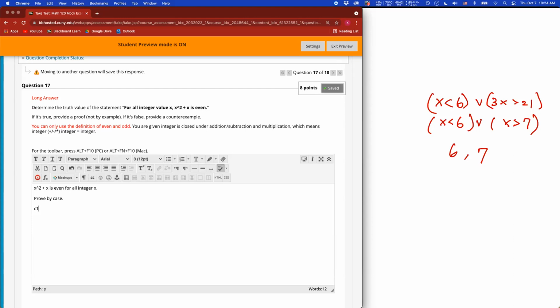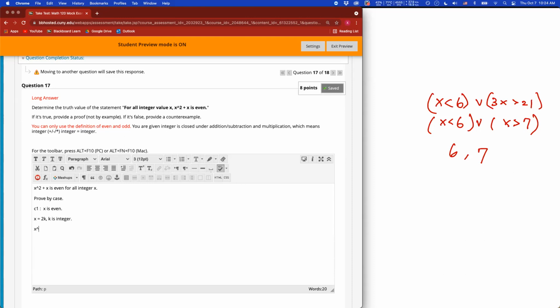So we prove by cases. Case one will be x is even. Now if x is even, you can write x as 2k, where k is an integer.